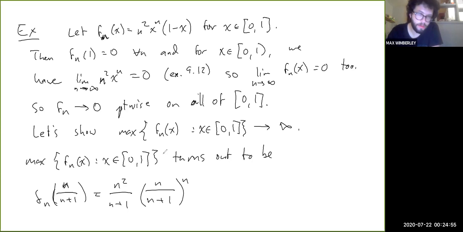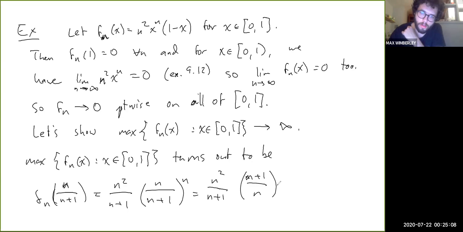And this, I'm actually going to rewrite. So this is n squared over n plus 1 times n plus 1 over n to the minus n, which is n squared over n plus 1 times 1 plus 1 over n to the minus n, right?